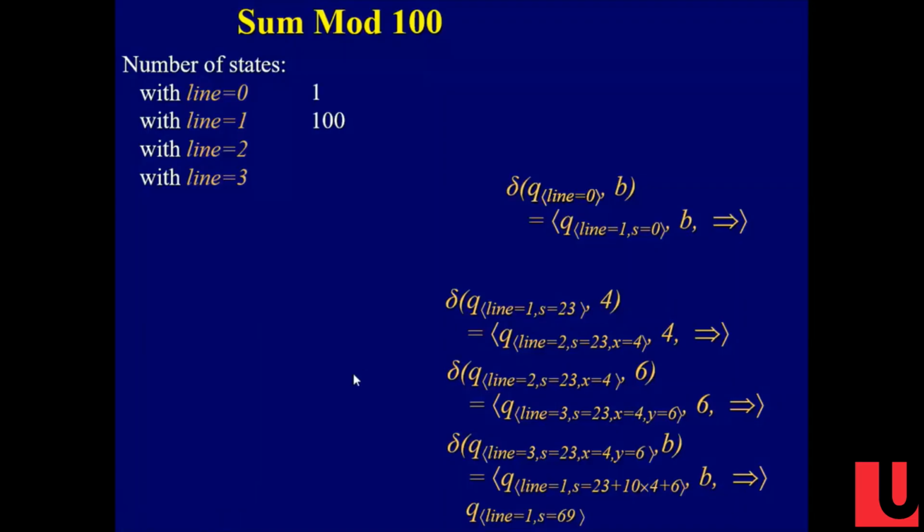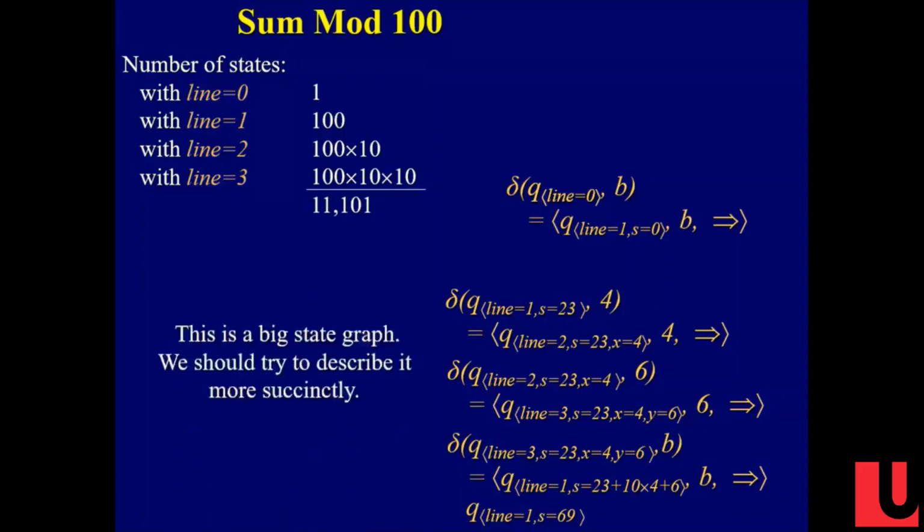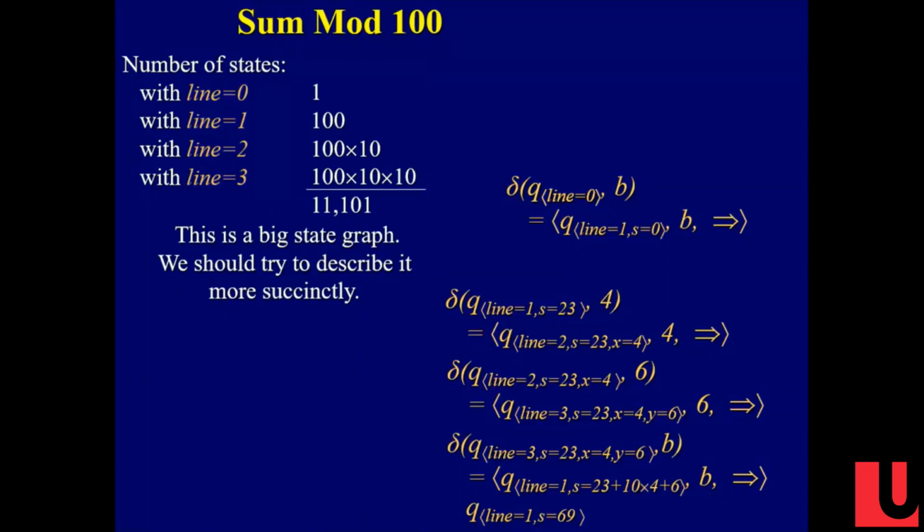How many line 2s are there? 100 times 10. How many line 3s are there? 100 times 10 times 10. You add them up. And then this program never halts, but if it halted, then there would probably be a halt state, so you could add one more in there. Does that make sense?